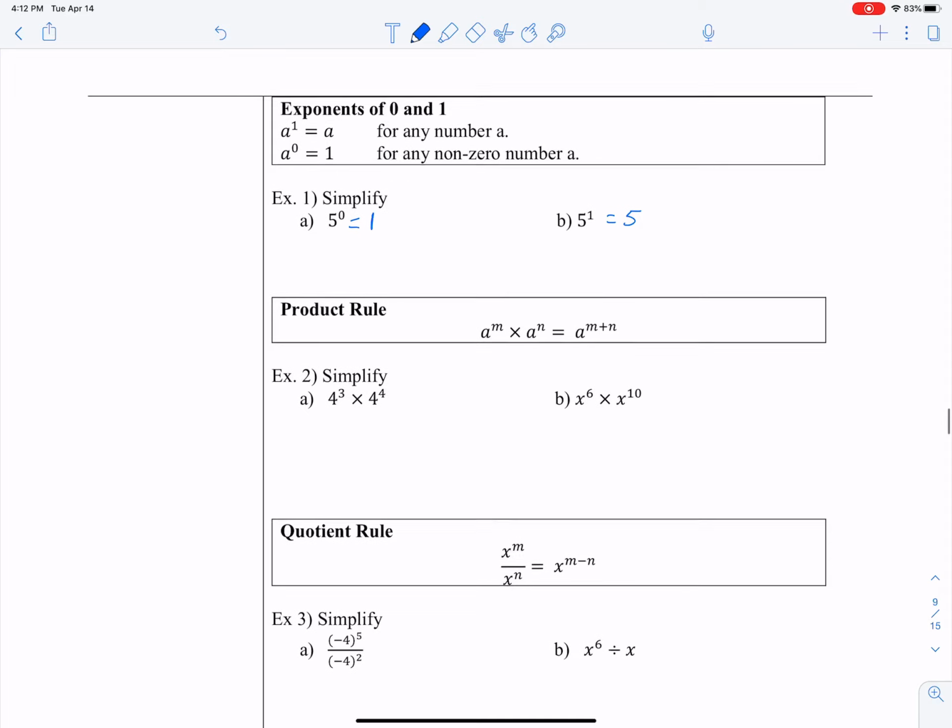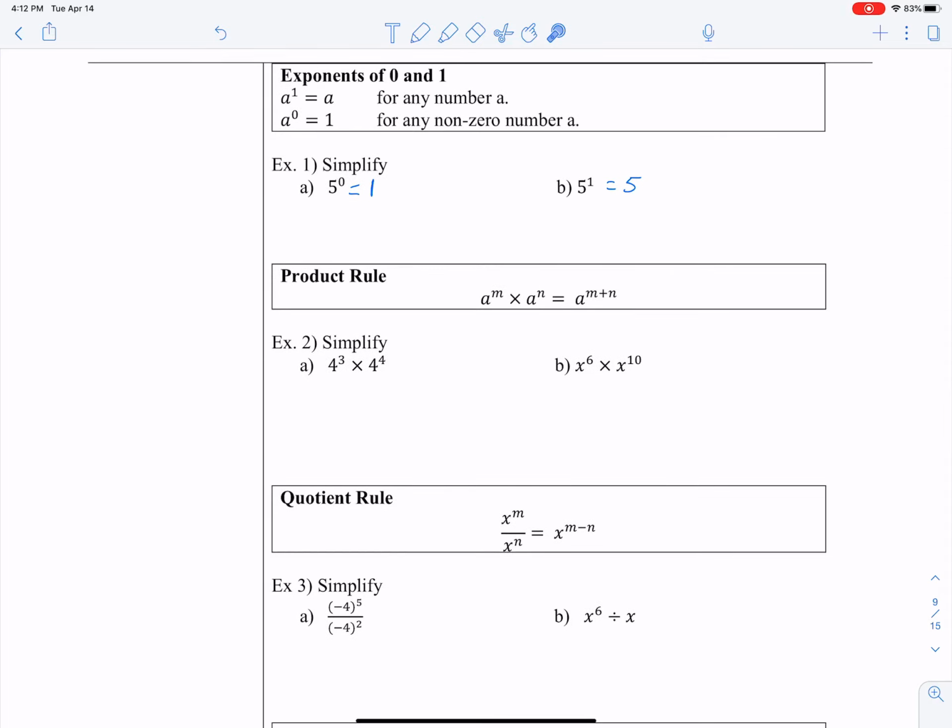Next, we have the product rule. The product rule says, if you have the same base, so here we have an a and an a, notice that they have to be the same base, but you have different exponents and they're multiplying each other, then you can add those exponents together. So here we check, we have 4 to the 3 times 4 to the 4. So the 4s are the same.